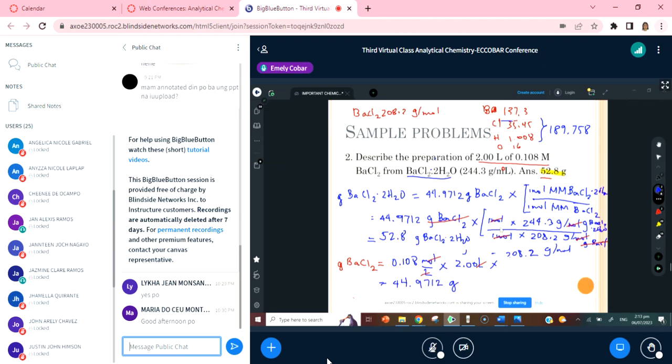Describe the preparation of 2.00 liter of 0.108 molar barium chloride from barium chloride dihydrate. Okay, class, tingnan maigi.